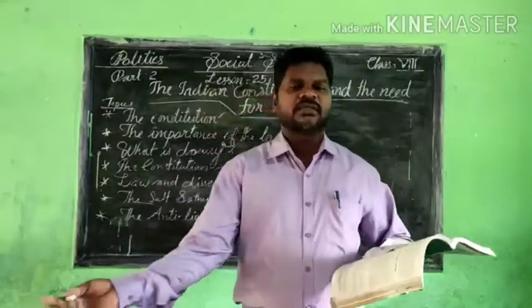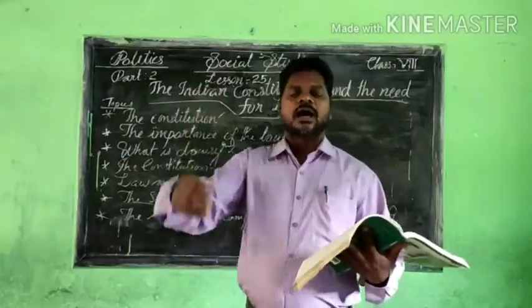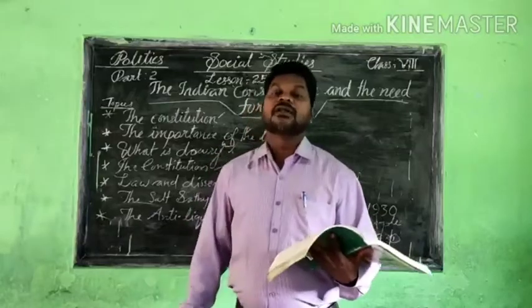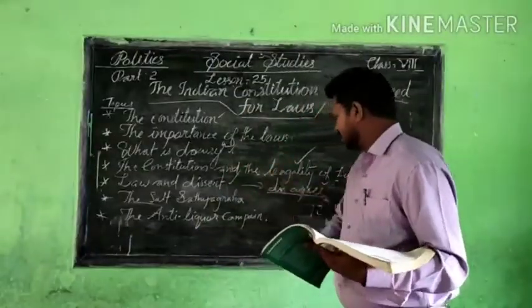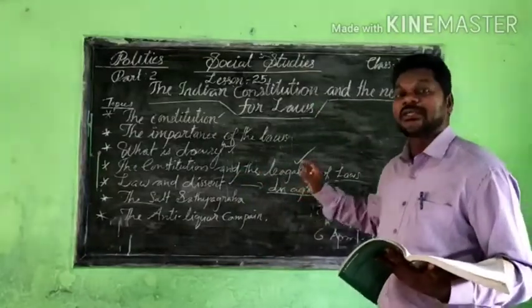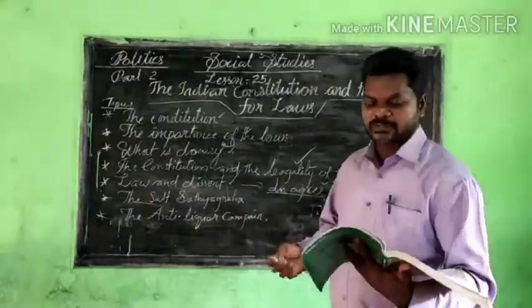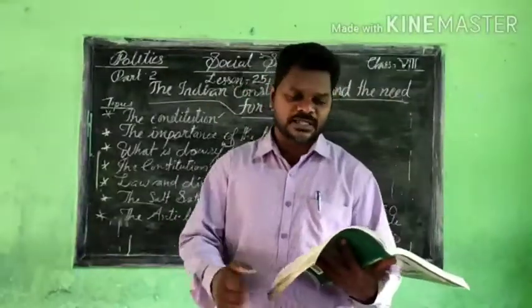He took a handful of salt, threw it, and said that he wanted to shake the foundations of the British Empire, because he was showing his dissent, otherwise disagreement, with the British, and he just wanted to shake the foundations of the British government. That's the understanding we are getting.